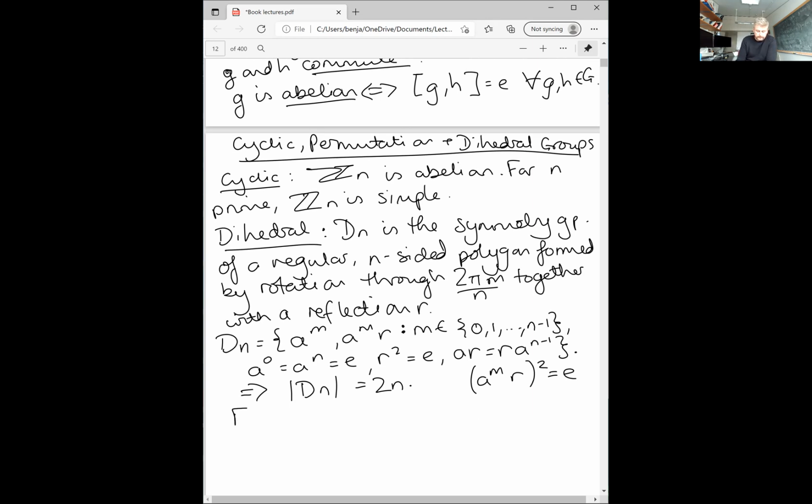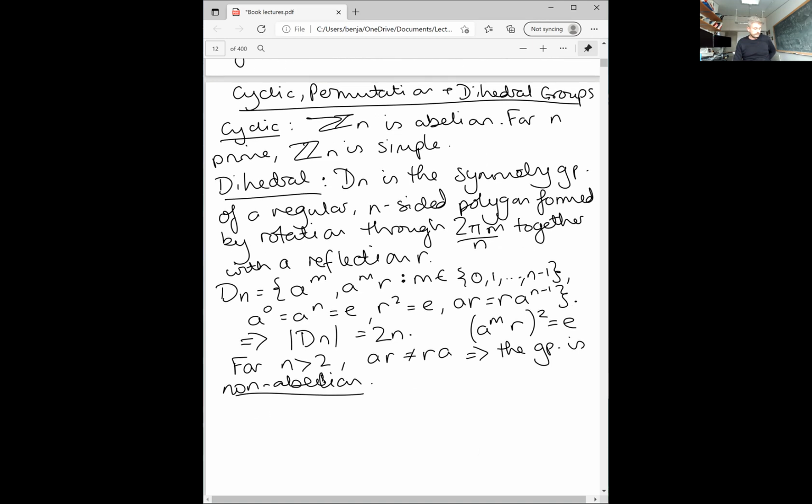So for n bigger than 2, in fact, ar is not equal to ra. And so the group is non-abelian. It's got products in it which do not commute.